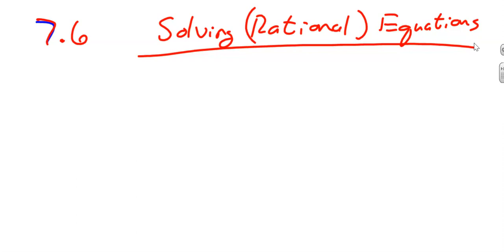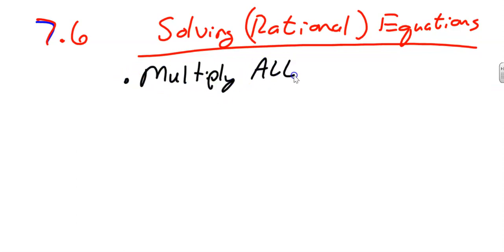And what we're going to do with this one is kind of like we did in section 5. You want to multiply every term by the least common denominator. And pretty much from there, whatever you've got left over, you just simplify and solve.